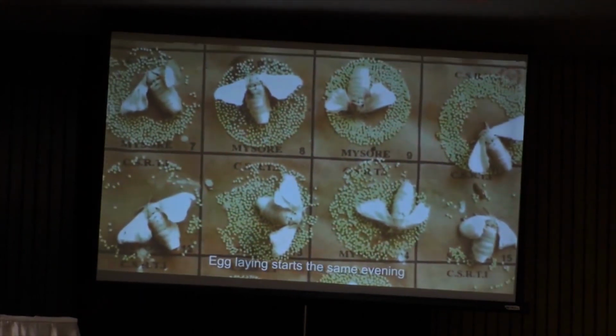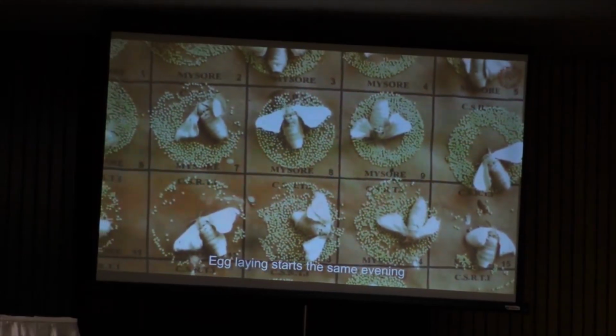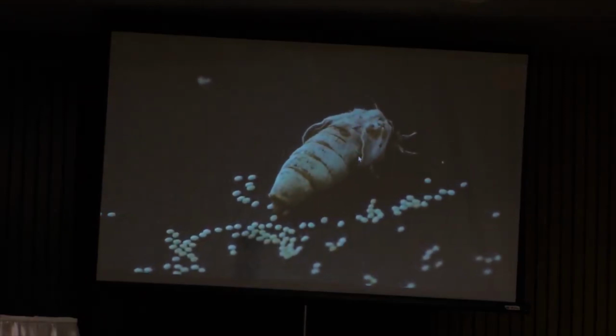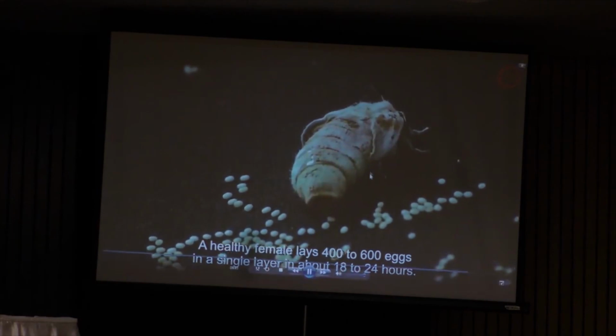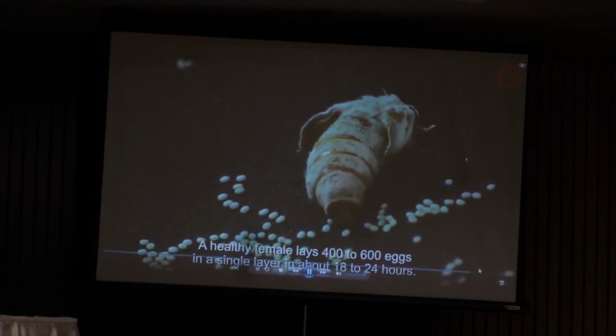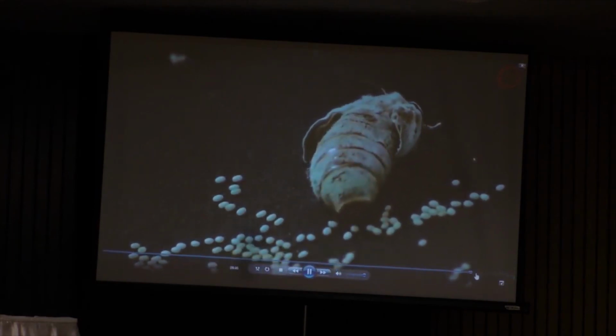The egg laying starts the same evening. A healthy female lays 400 to 600 eggs in a single layer in about 18 to 24 hours.